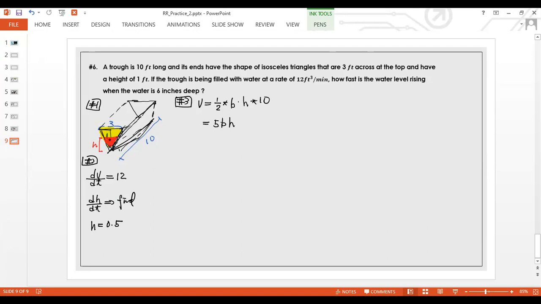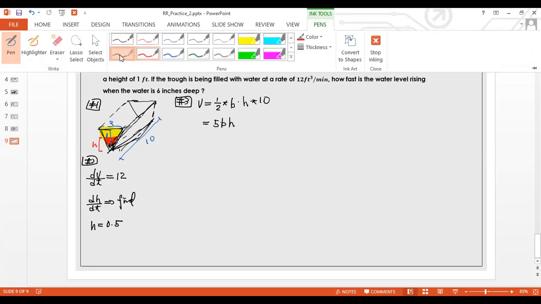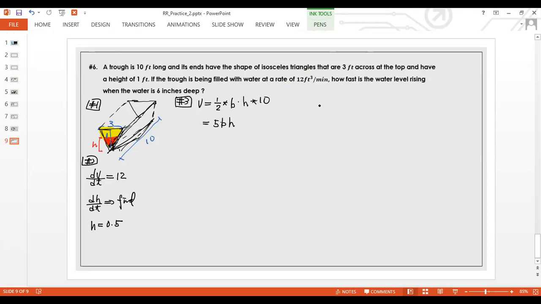So if you are filling water to some height H, what is the volume at this level? We know H, but we don't know B. This is similar to what we did for the conic tank. So now we need to find B. The cross section is an isosceles triangle, and we use similar triangle relations all the time.